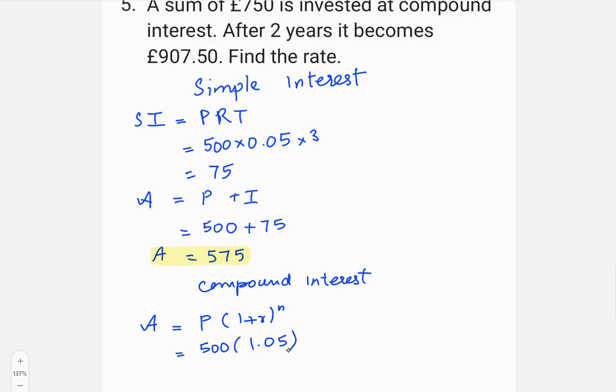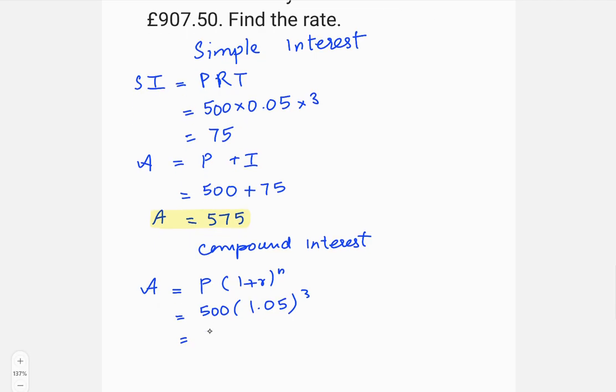So 0.05 plus 1, it is 1.05. Now we just need to put the exponent n, which is 3 years. We're gonna put the whole thing on calculator. And it gives you 578.81.